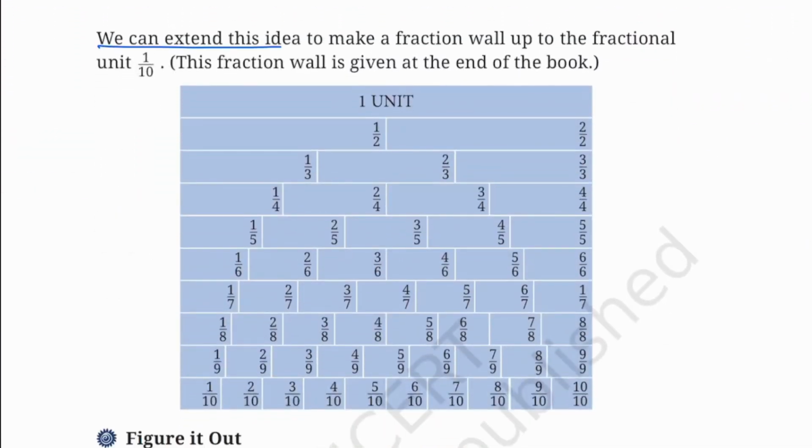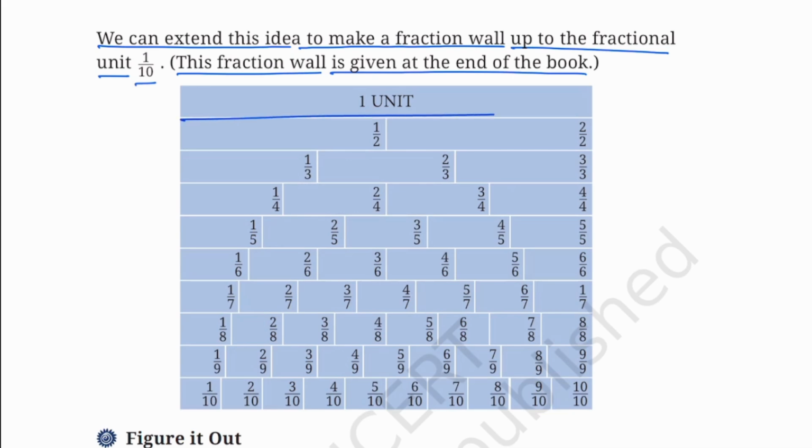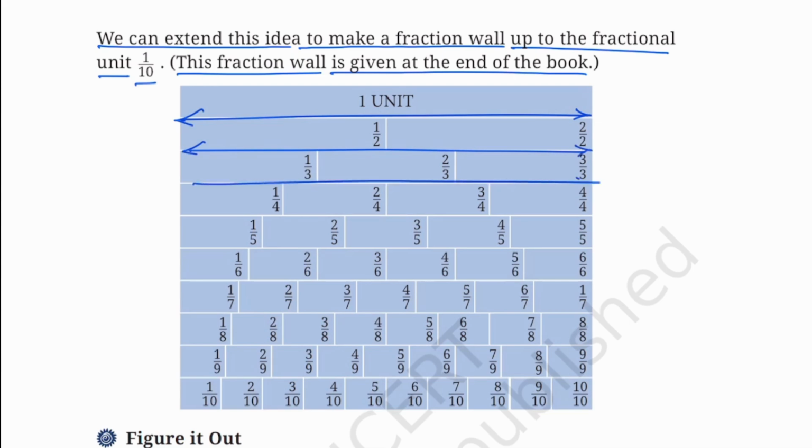We can extend this idea to make a fraction wall up to the fractional unit 1 upon 10. This fraction wall is given at the end of the book. You can see 1 unit length has been split in 2 halves, that is 2 parts, then 3 parts, then 4 parts, like this.